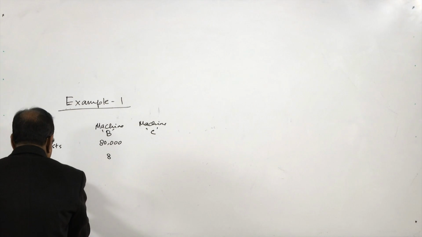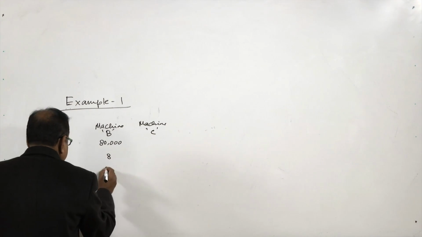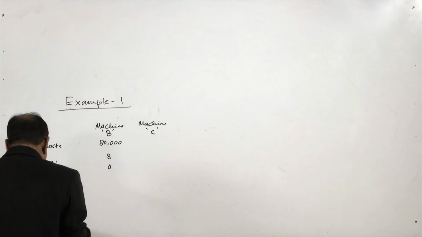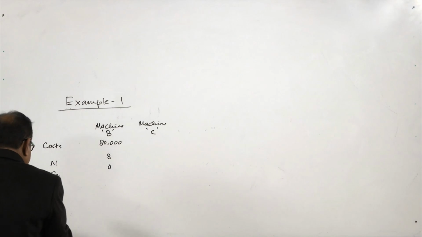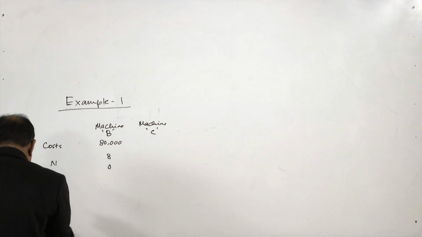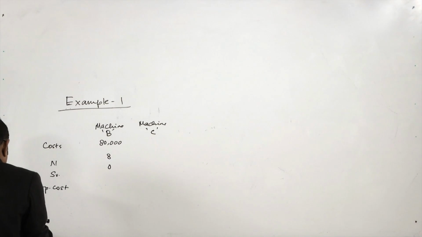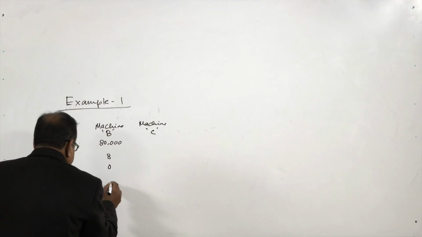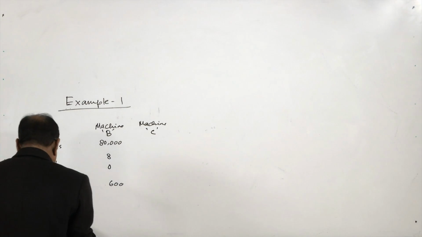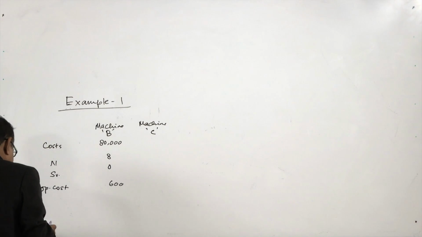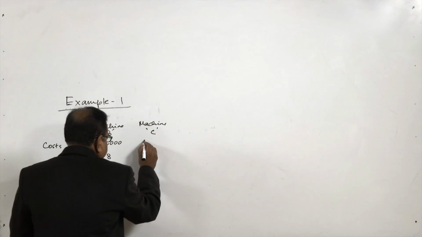Salvage value is 0. Operating cost is 600 rupees, whereas machine C costs 55,000.